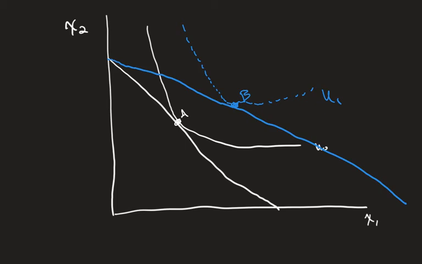The other thing that's driving your choices at these new prices is the pure effect of that relative price change without that income effect component in it. And we call the pure effect of the price change the substitution effect.